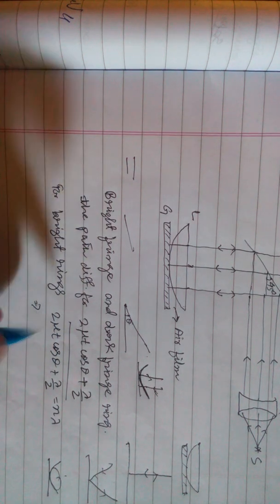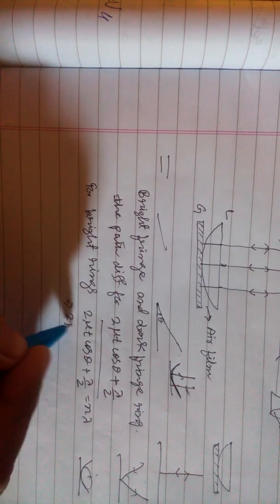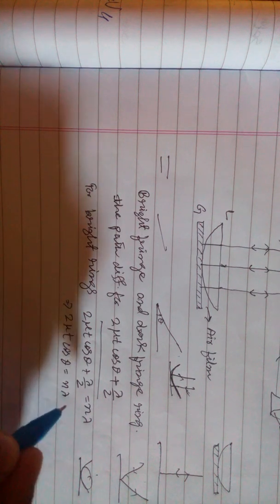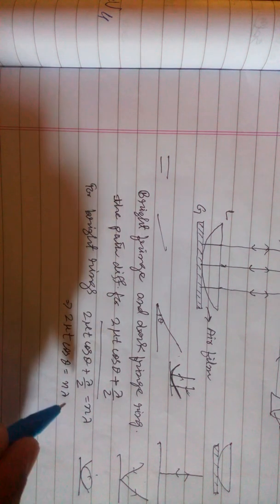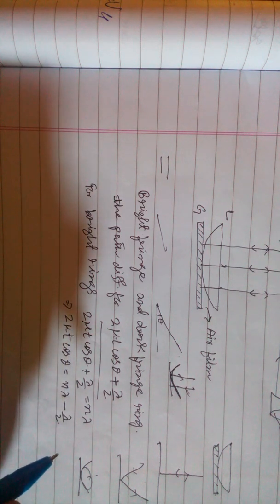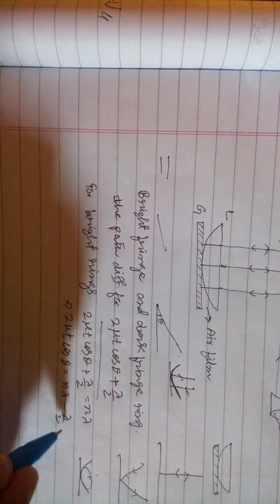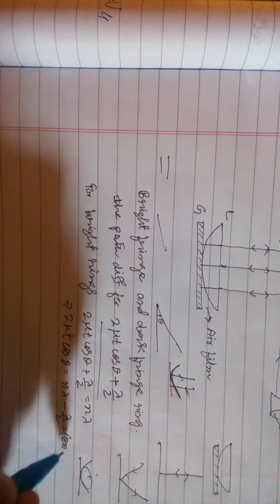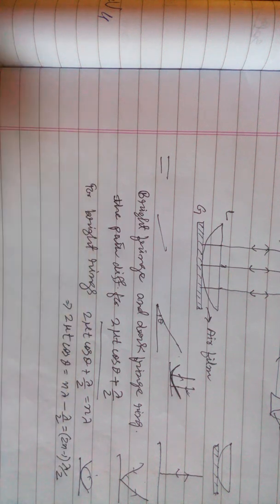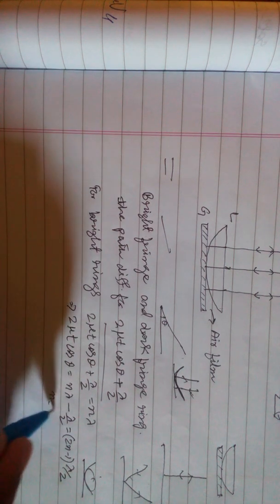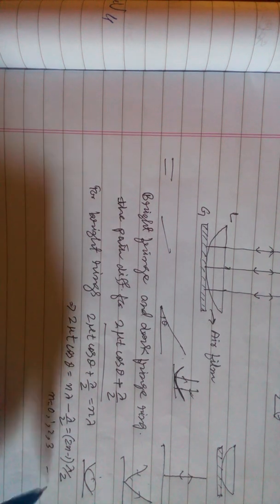If we simplify this, twice mu t cos theta is equal to n lambda minus lambda by 2. If we take out lambda by 2, then we get (2n minus 1) lambda by 2, where n is equal to 0, 1, 2, 3 and so on.